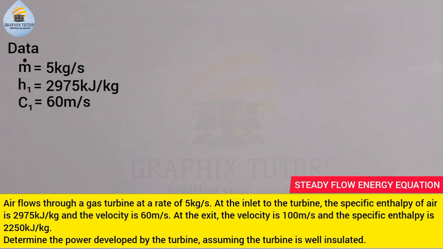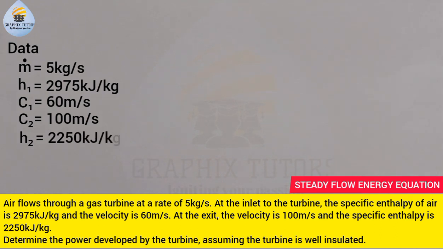So I'll be using C sub 2 to show that it's exit. 1 for inlet, 2 for exit. So C2 is 100 meters per second. The specific enthalpy at the exit is 2250 kJ per kilogram, so I'm using H sub 2. Now we have to look for the power developed by the turbine.